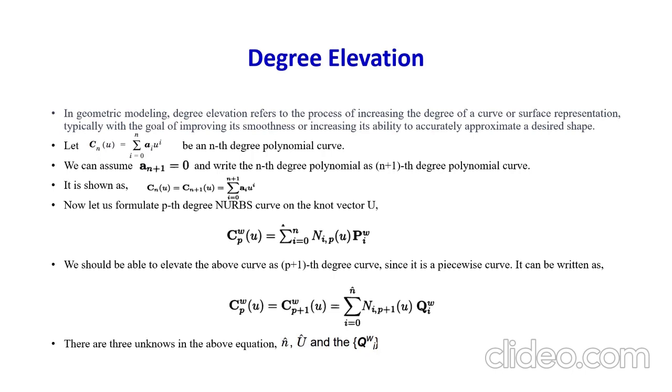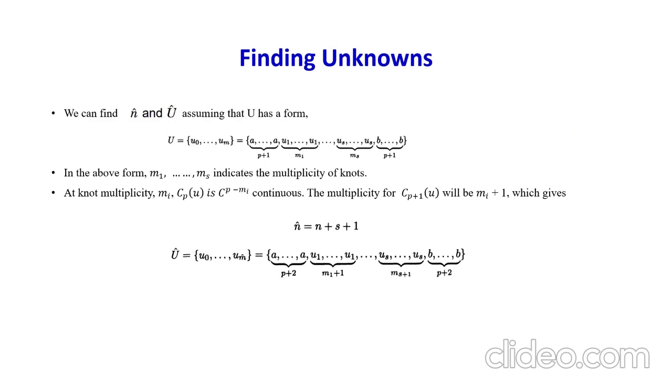Moving forward, this slide discusses finding the unknowns n cap and U cap. So we can find n cap and U cap assuming that U has a form U equal to the vector u0 to um, which is represented here. In the above vector form, m1 and so on, ms indicates the multiplicity of knots.